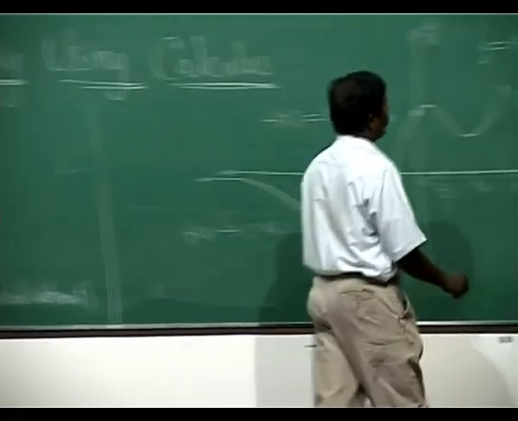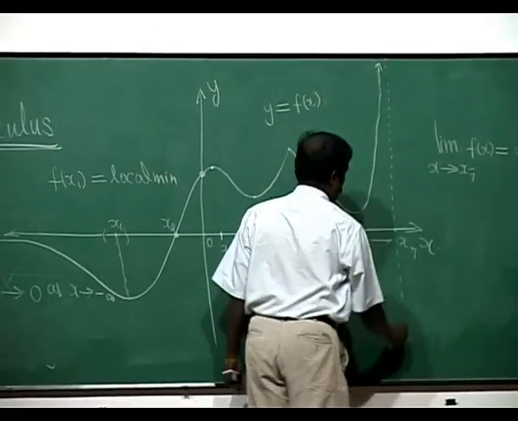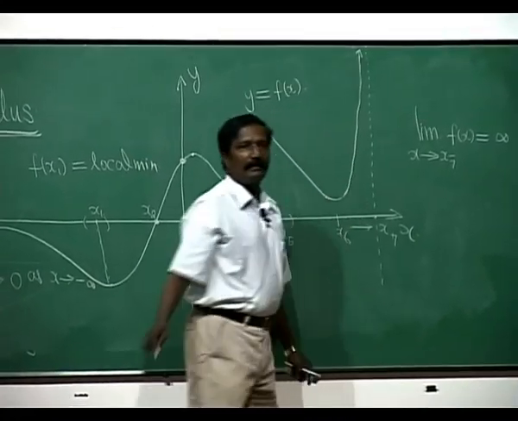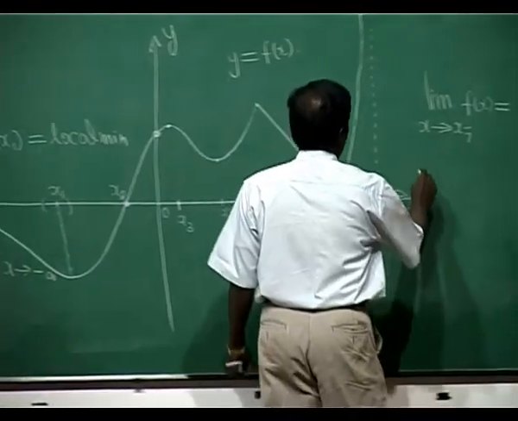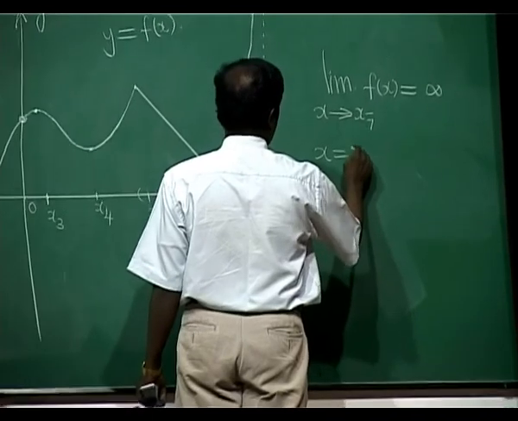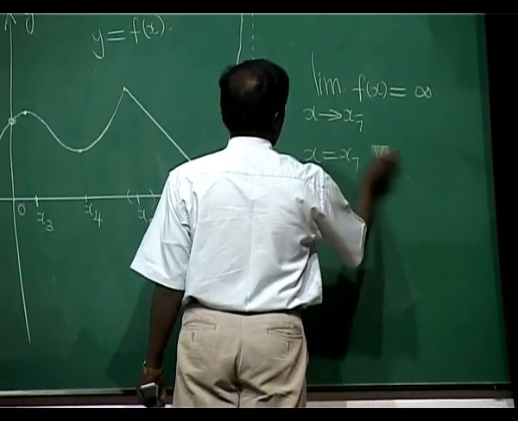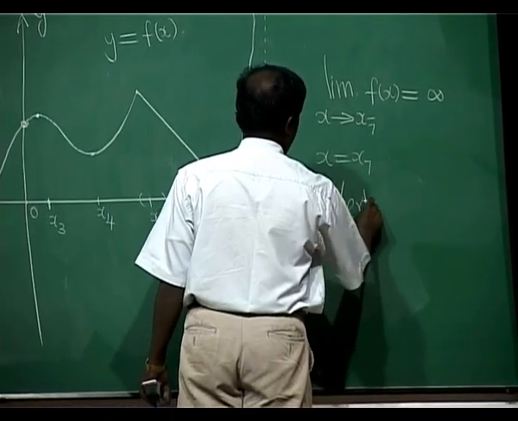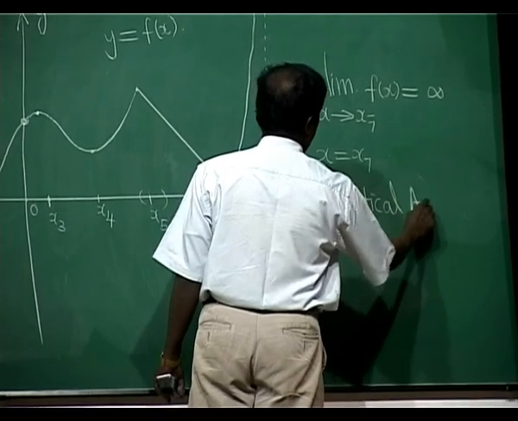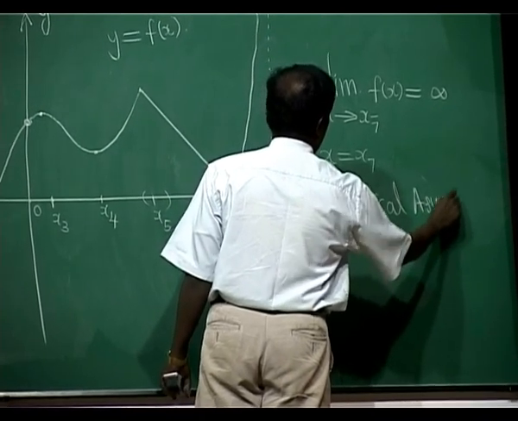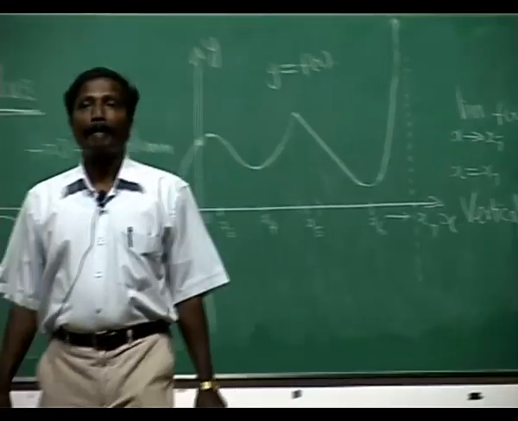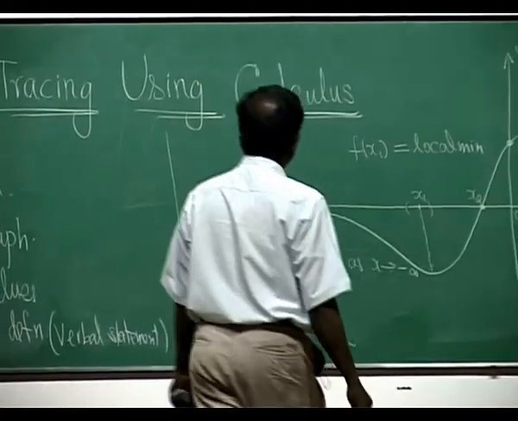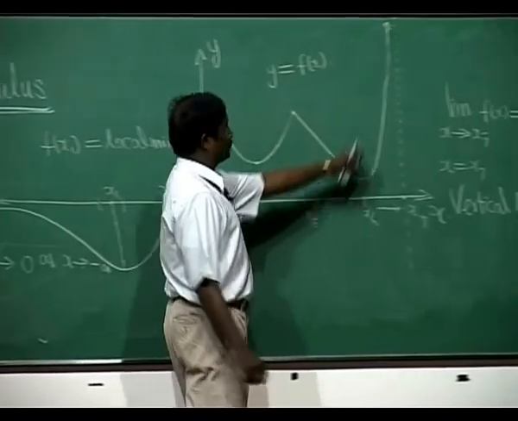Now, what is this called? I think generally this is called a vertical asymptote, right? X equal to x7 is a vertical asymptote. Yes? This is a vertical asymptote.